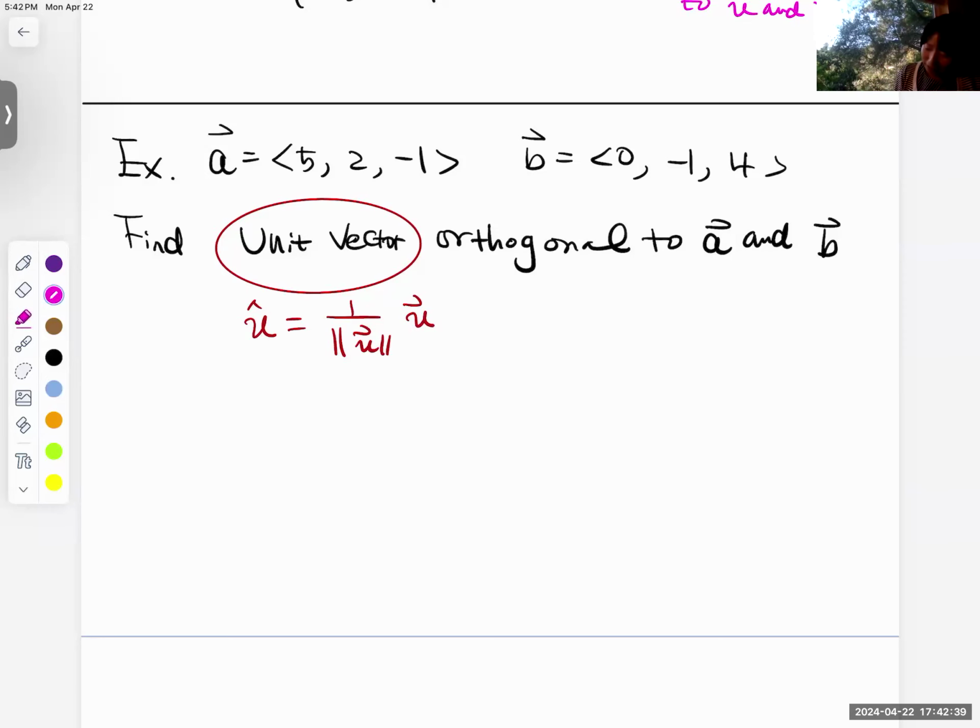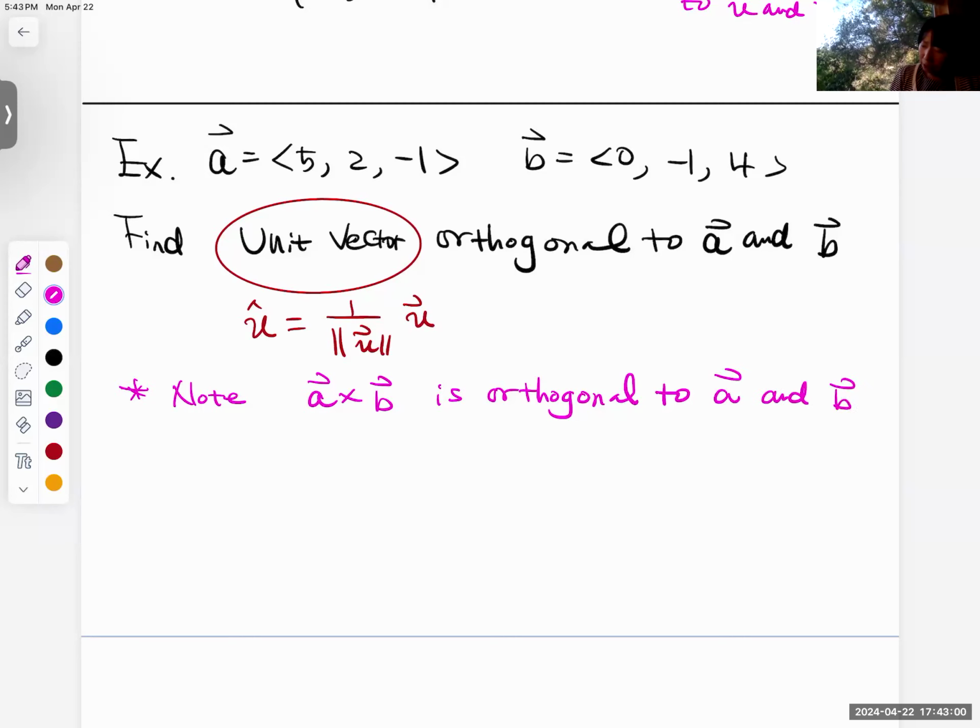So the cross product of A and B is orthogonal to vector A and vector B.